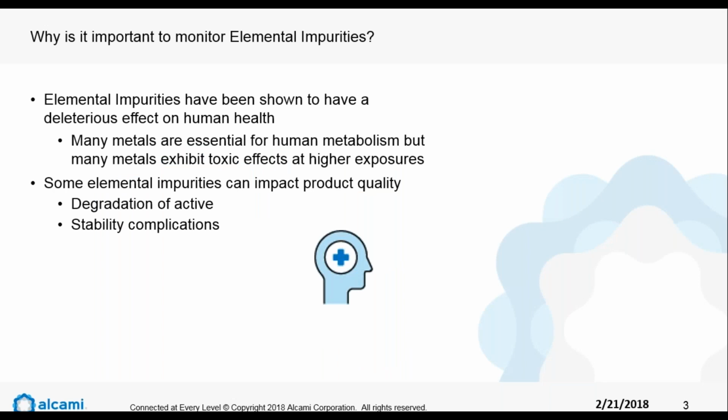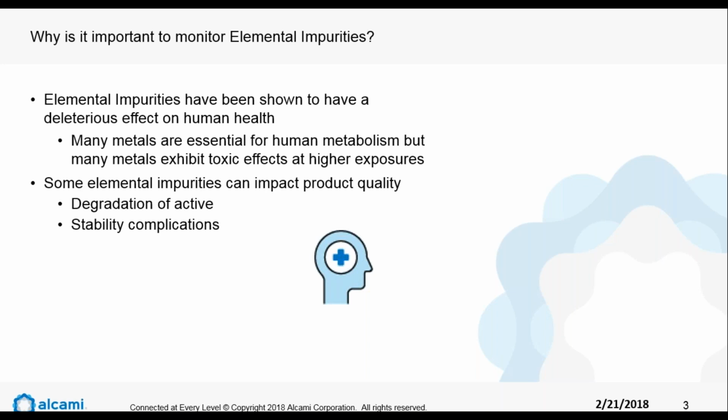The first thing to know is why it's important to monitor elemental impurities. Heavy metals have been shown to be dangerous and have negative effects on the human body. That's the reason we've always monitored heavy metals, but that's the driver for the change in how we're monitoring them, especially because many of these heavy metals build up over time.